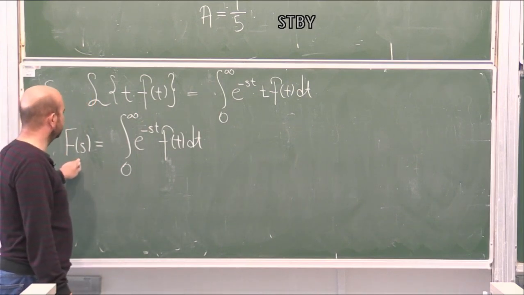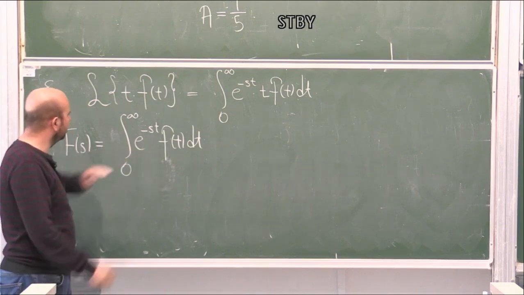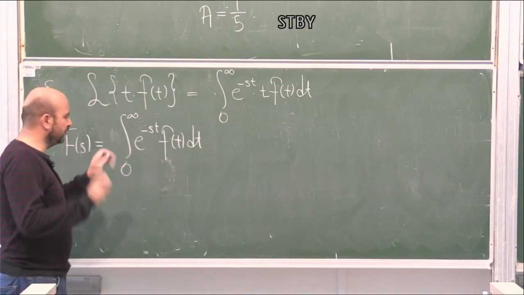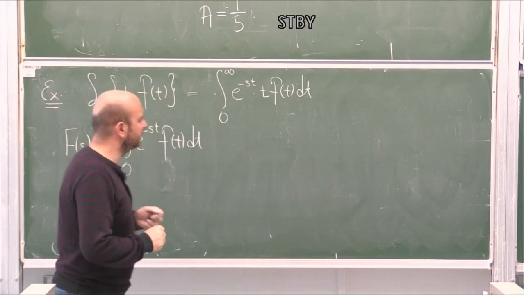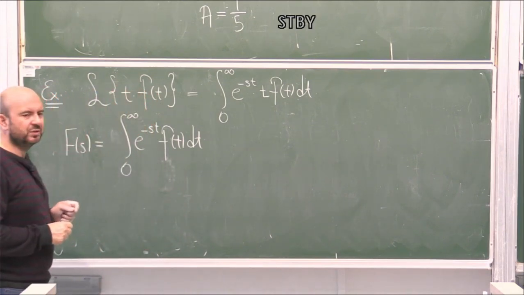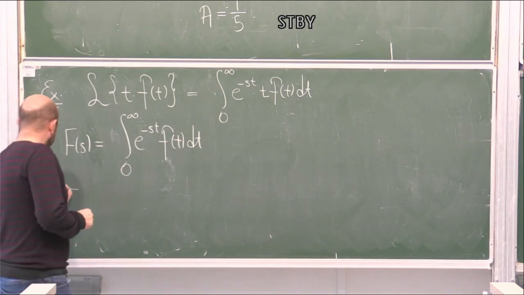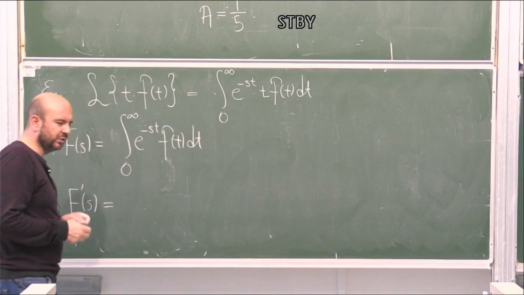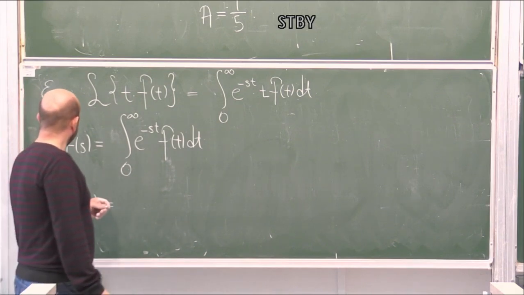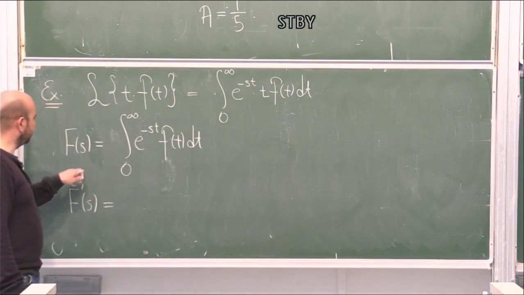It's defined by using an integral, so it's a nice function. By using the fundamental theorem of calculus and some advanced calculus, I want to take the derivative of this. I'm skipping details here, so I will take the derivative of this one.